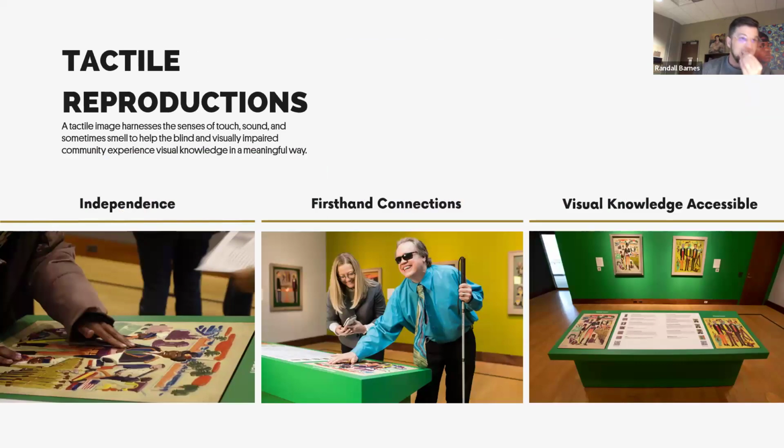The tactile reproductions. This is a quote from tactileimages.com, which is who we use to make our tactile works. A tactile image harnesses the senses of touch, sound, and sometimes smell to help the blind and visually impaired community expand visual knowledge in a meaningful way.